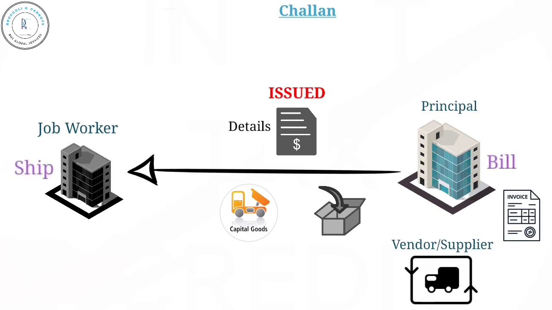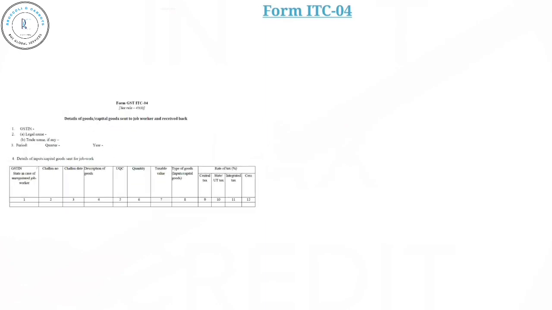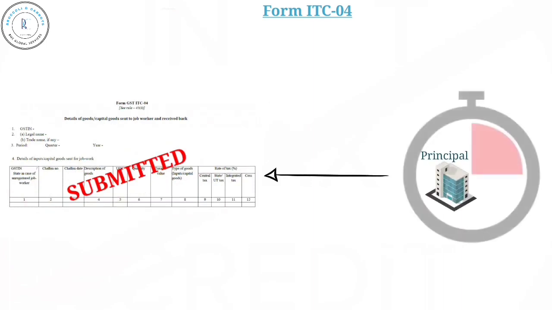The details of challans must be shown in Form GSTR-1. Details of challans must also be filed through Form GST ITC-04. Form GST ITC-04 must be submitted by the principal every quarter.